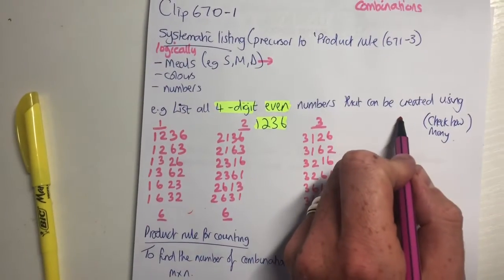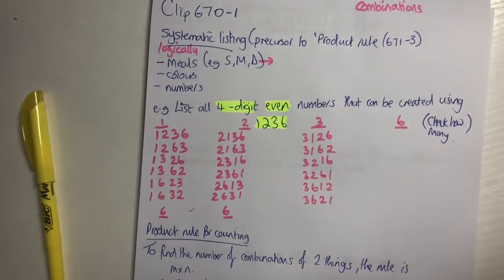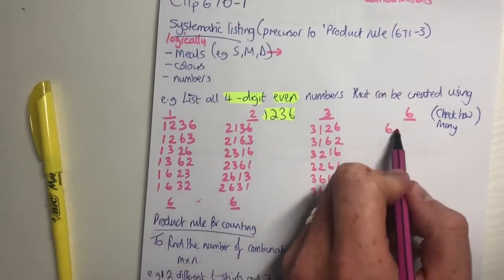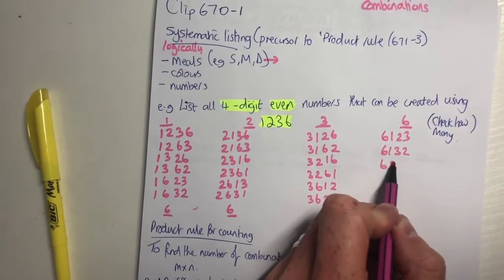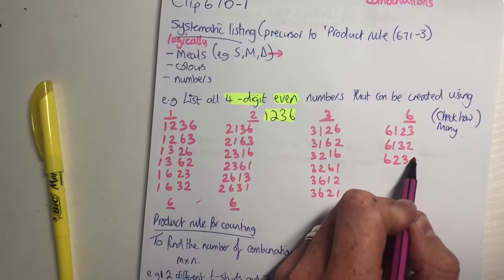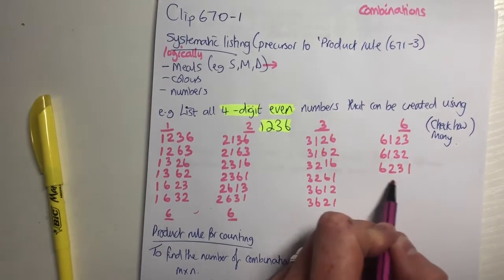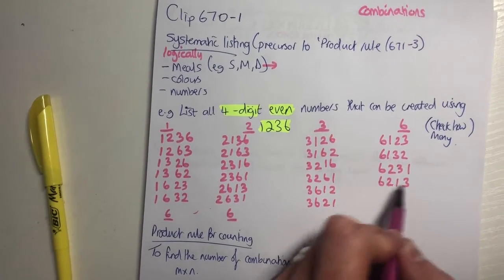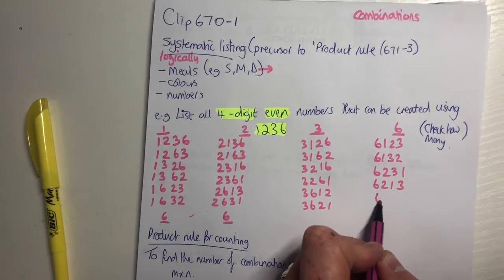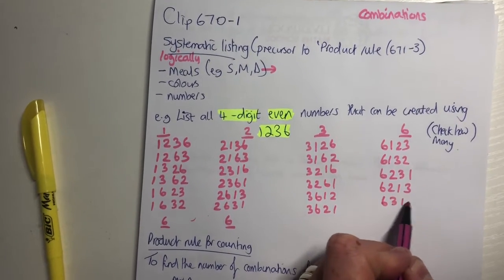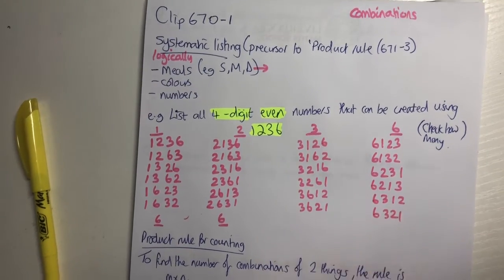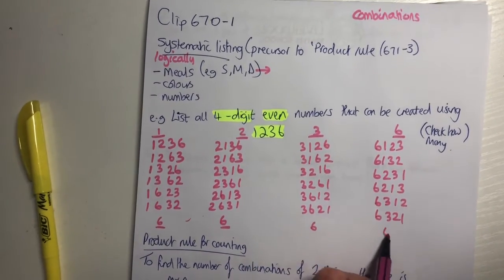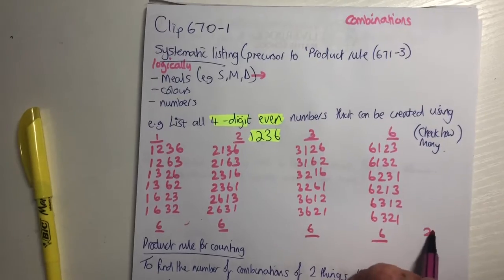And finally, number 6. So start with 6, 6, 1, 2, 3, 6, 1, 3, 2. 6, 2, 3, 1, 6, 2, 1, 3. I've done it the other way around. And then finally 6, 3, 1, 2, and 6, 3, 2, 1. Right, so none of them should be duplicated. So there are 24 different ways.